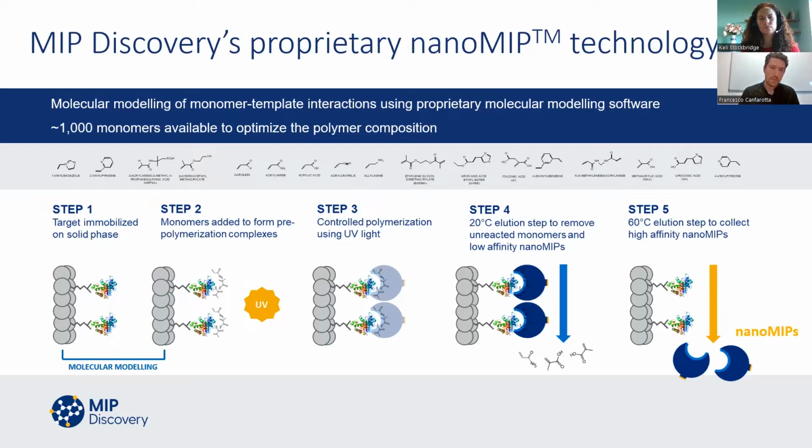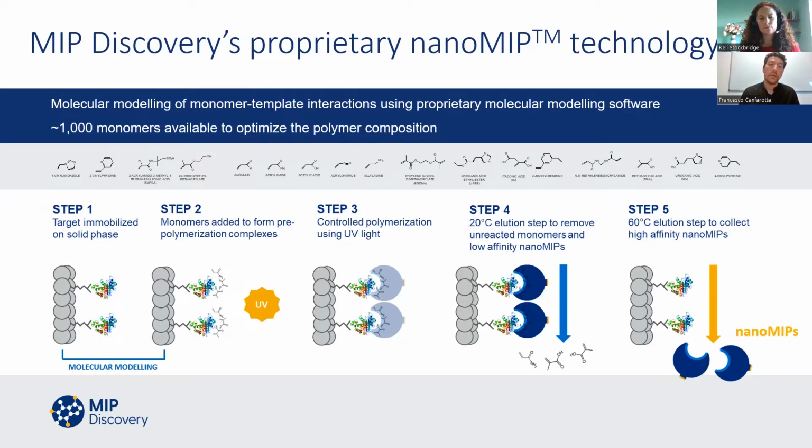Once the template is covalently bound to the surface of the solid phase, we add the mixture of monomers. At this stage, because as we mentioned before this is a self-assembly process, the so-called pre-polymerization complexes are formed. Again, this is driven by the energy between monomers and template, and of course, the type of functional groups present.